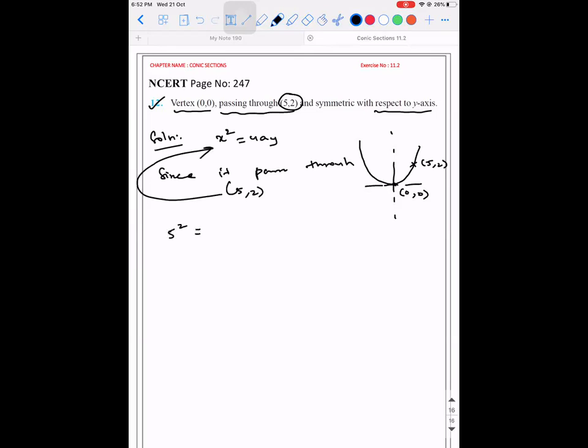So 5 square is equal to 4a into 2, which implies a will be 25 by 8. So what will be the required equation? x square will be equal to 4 into a is 25 by 8 into y, which implies x square is equal to 25 by 2 times y.